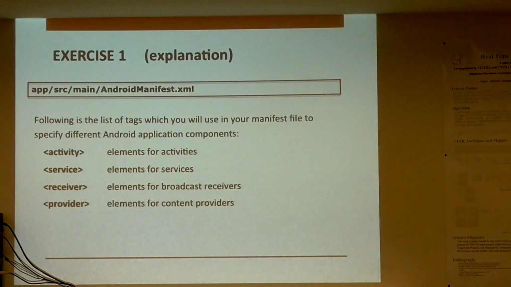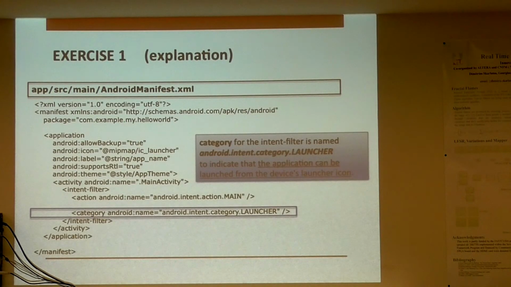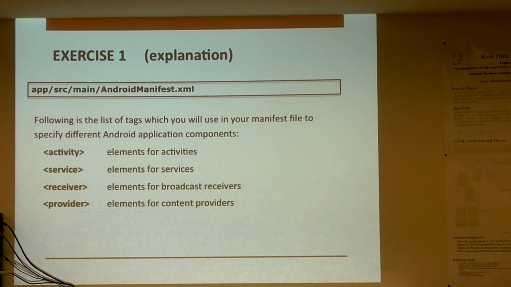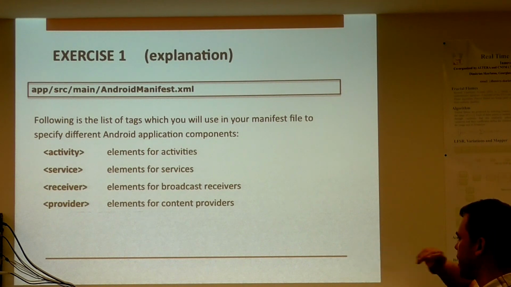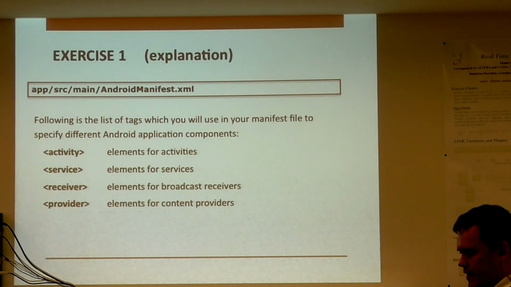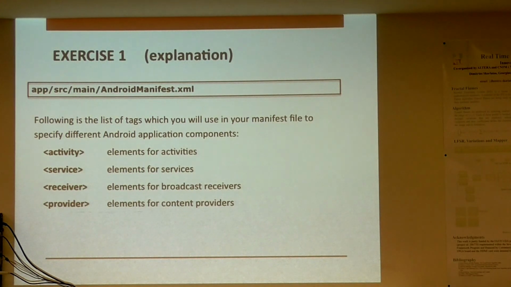Of course, now we have activity, so the situation associated with the action of the application, and you can also put some description for services, receivers, and content providers. You will get access, because I said that there are providers delivered by Android, and you can use them also.